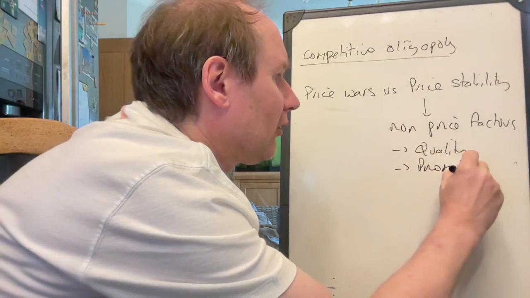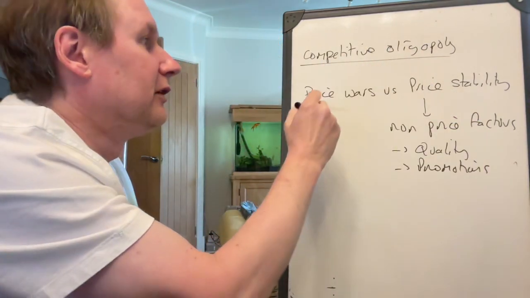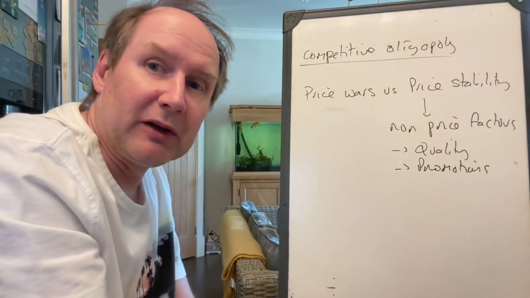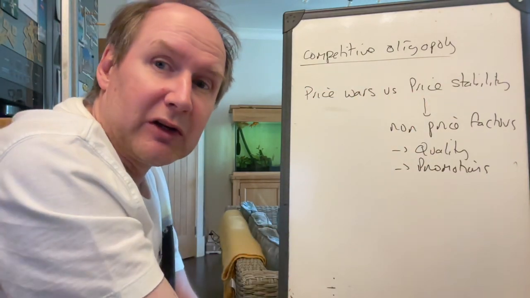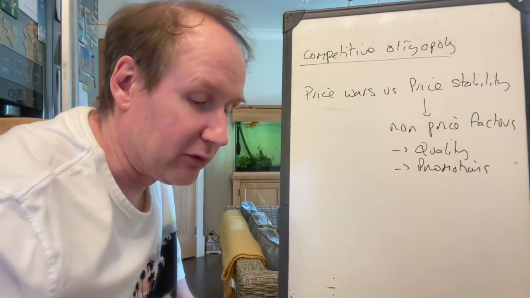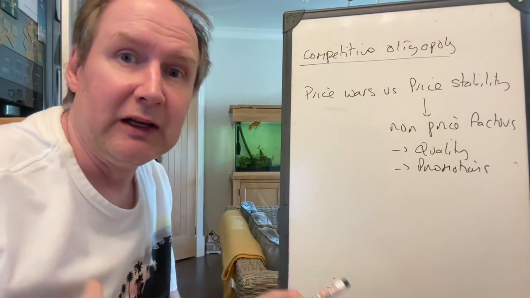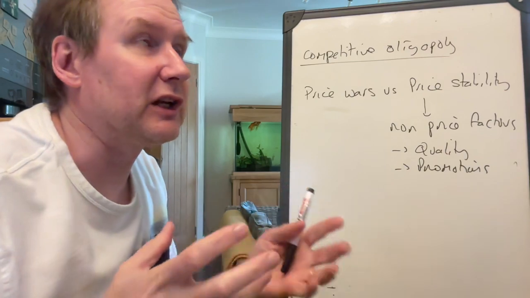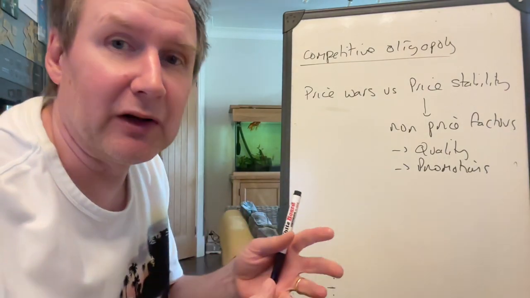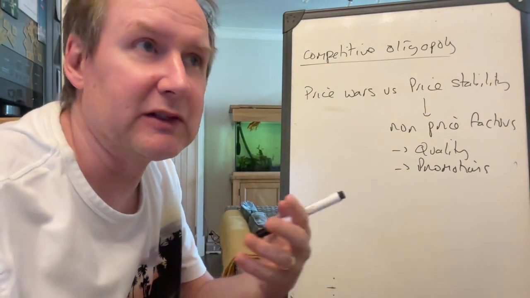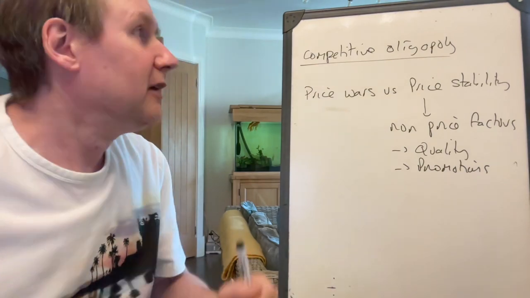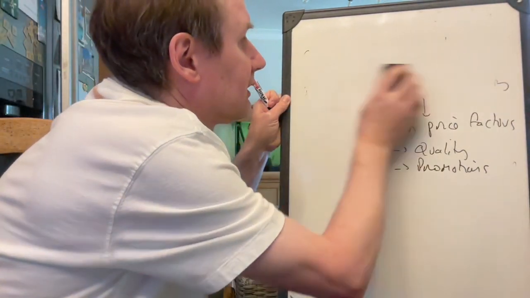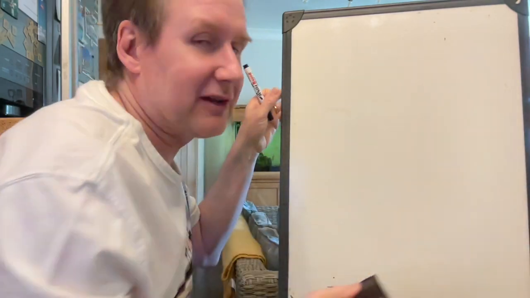So on the one hand, in some markets it'll be price competitive. On the other hand, in other markets prices will be stable and firms might compete on other bases. So then you're just saying, well, okay, what sort of market is this? Is it one where price matters? Is it one where other factors matter?